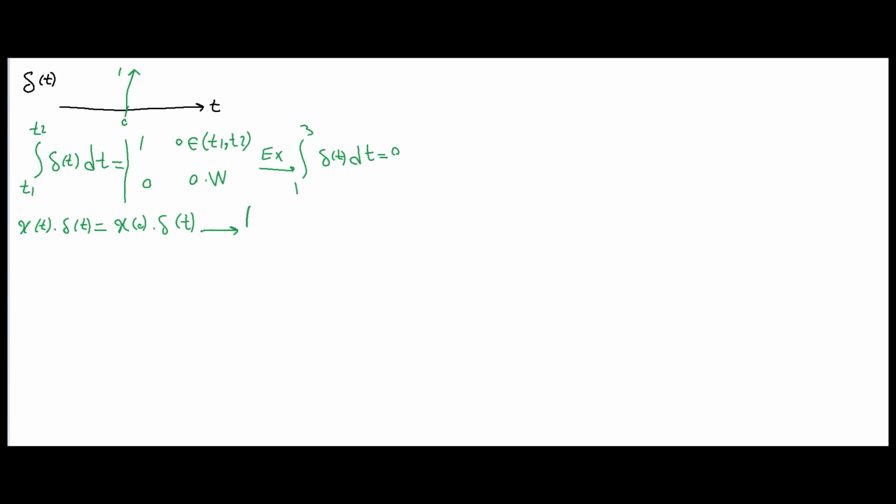There is an integral that is very useful, and we use this property to evaluate it. The integral of delta t multiplied by x of t can be written as the value of the signal at 0 multiplied by delta of t. Then we can take the value of the signal at 0 outside the integral.